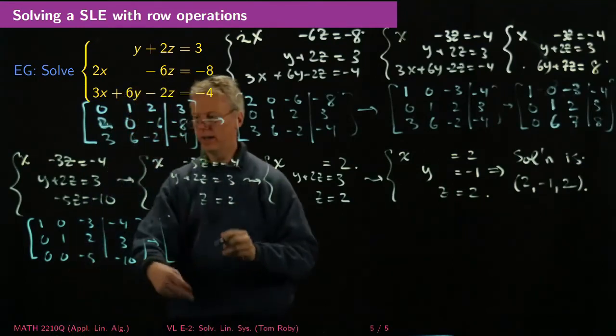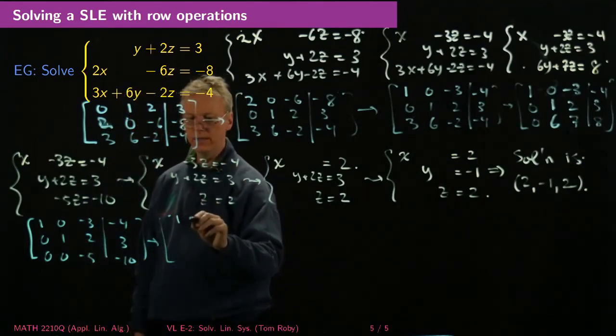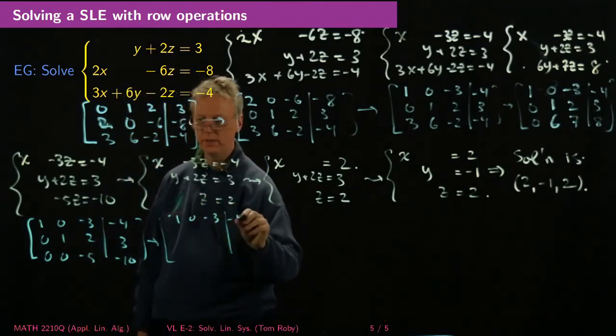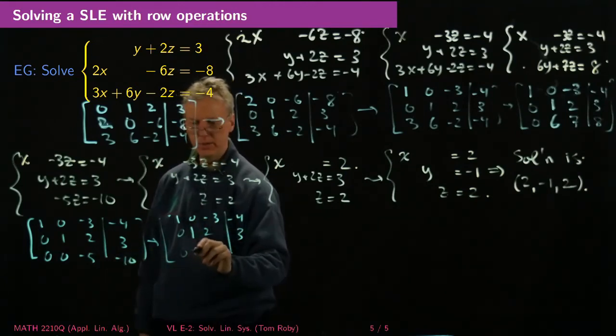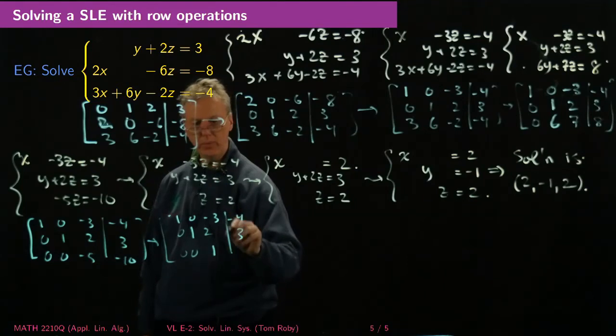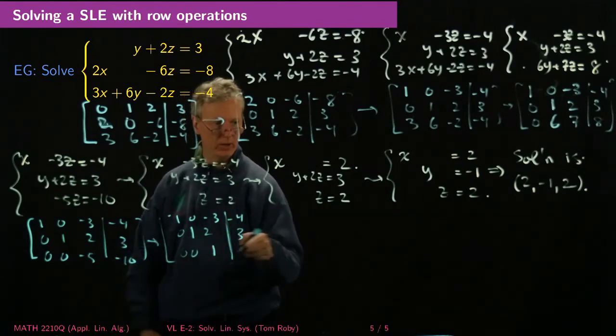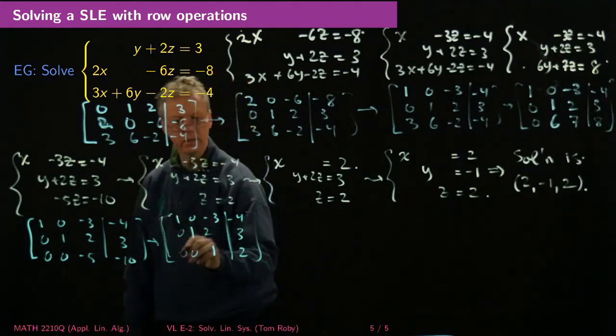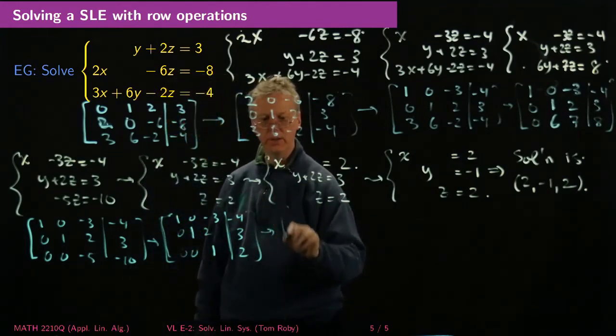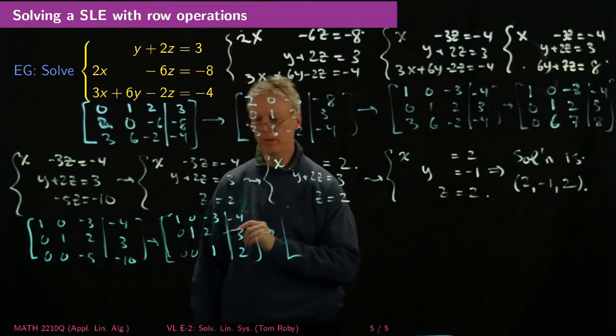This one I'm just dividing through this row, so these guys are unchanged: 0, 1, 2, 3. But this guy becomes 0, 0, 1, 2. And I like it when I get 1 is equal to something because that corresponds to, in this case, z equals 2, right?